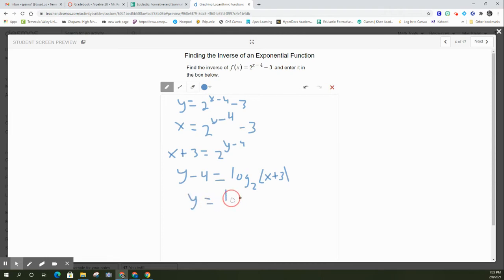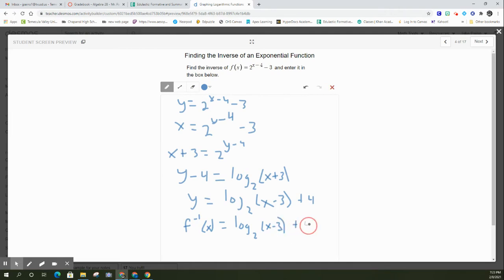So now we have log base 2 of x plus 3 plus 4. And this is the inverse, so we would rewrite it f with the negative 1. So the inverse of f of x equals log base 2 of x plus 3 plus 4.